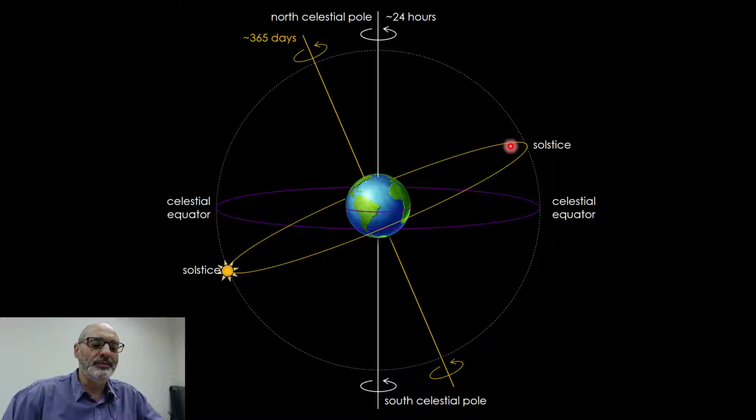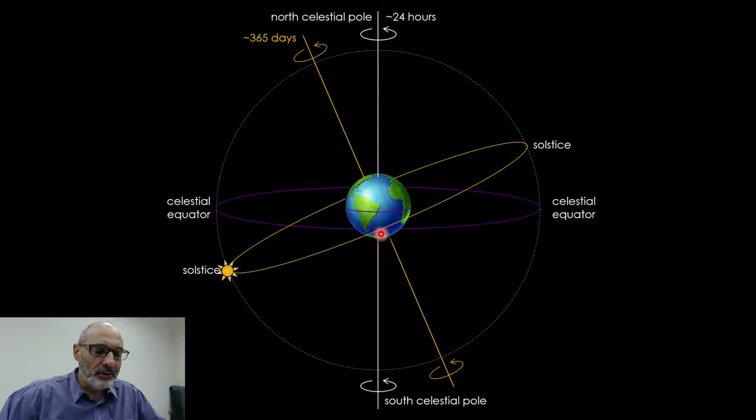And some important names here. The solstices, summer and winter, or depending on the hemisphere, winter and summer, are the points of maximum inclination. At this point you have the longest day, if this is the summer solstice, and here you have the longest night, if this is the winter solstice.